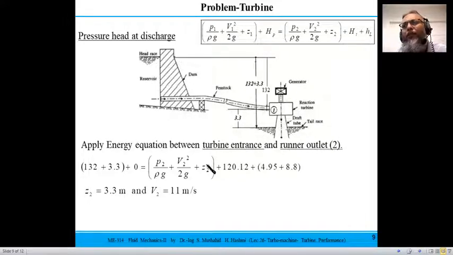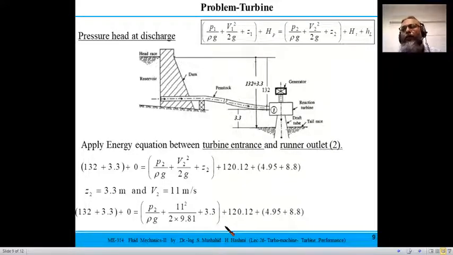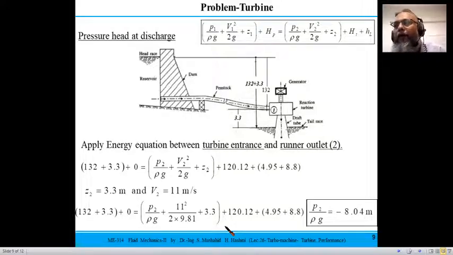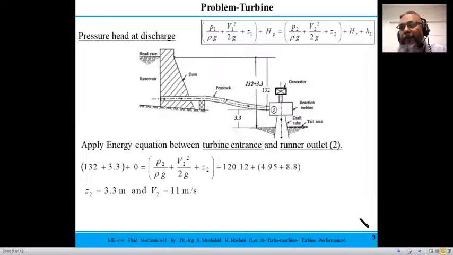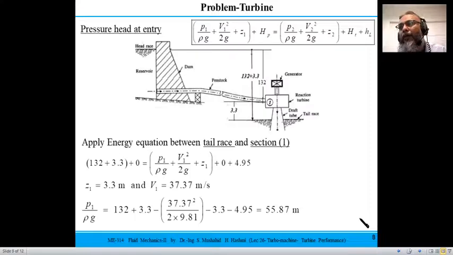So I substituted Z2 and V2. The pressure head at the outlet comes out to be minus 8.04 meter, and at inlet we have seen a bigger number, 55.87 meter.